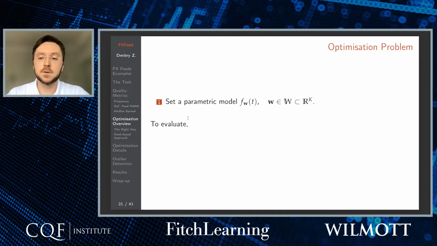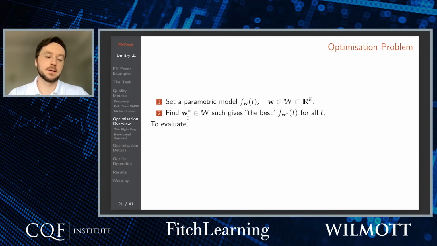But first, I would like to formally specify the optimization problem. We do it this way. We take a parametric model F and we parameterize it with a parameter vector W, which is a k-dimensional real vector.